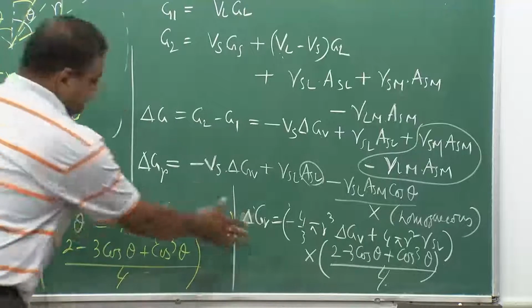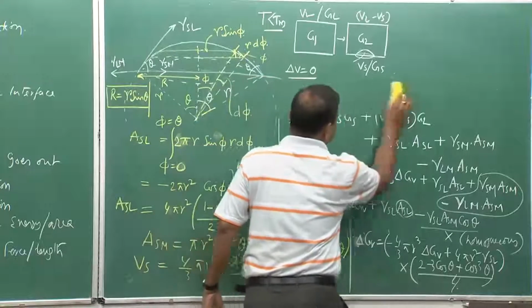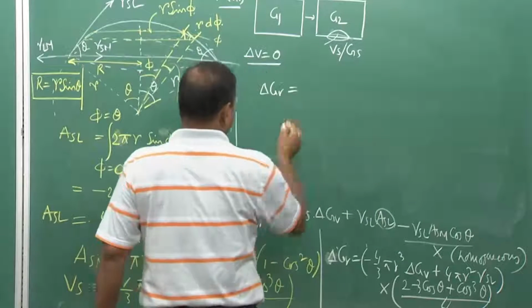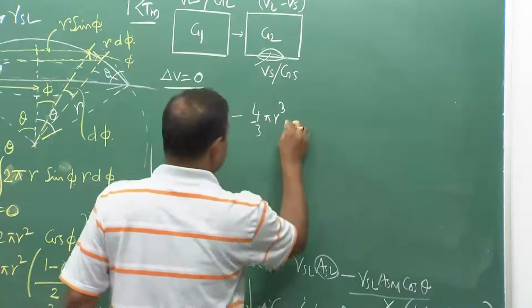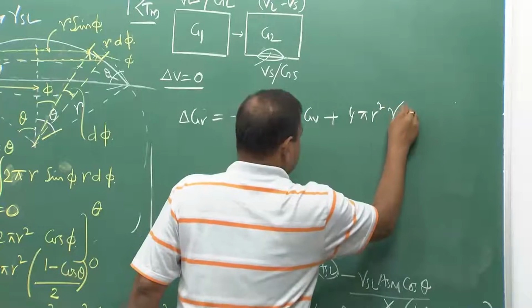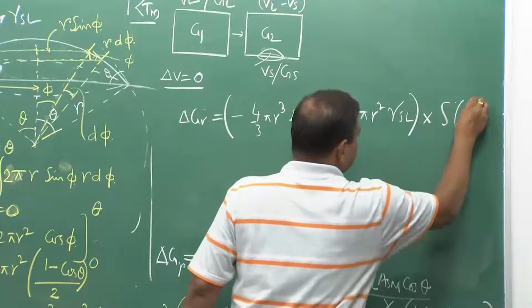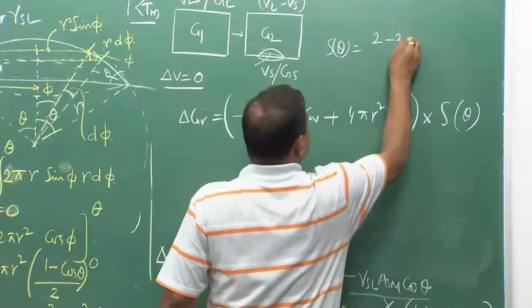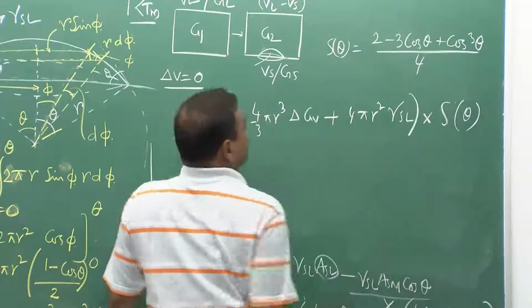So delta G r equal to minus 4 by 3 pi r cube delta G V plus 4 pi r square gamma S L, multiplied by S of theta, where S of theta equals 2 minus 3 cos theta plus cos cube theta by 4.